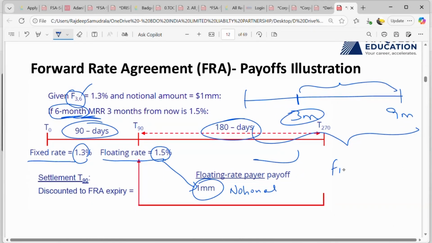So for a fixed rate payer, you will earn 0.2%, right or wrong? Of 1 million is what you'll receive. But remember, it's only for 6 months.